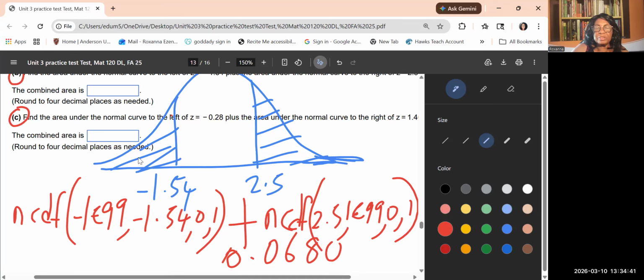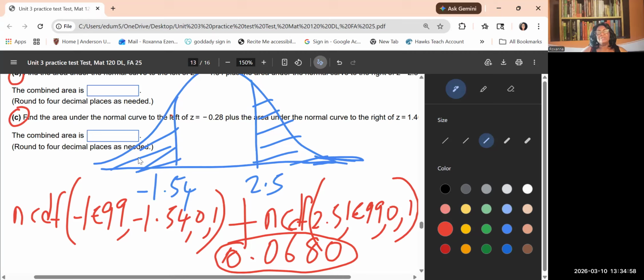I can put 0 here, nearest 10,000. Okay, so the total area is here. Be careful whenever you're told to find the total area to the right and area to the left. Make sure you read the question very well.